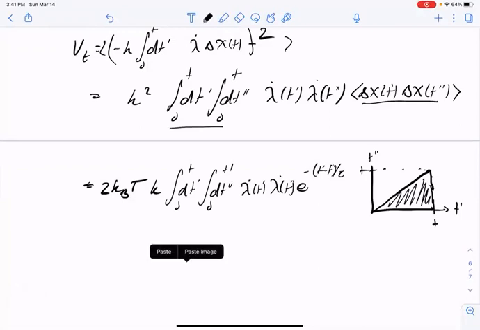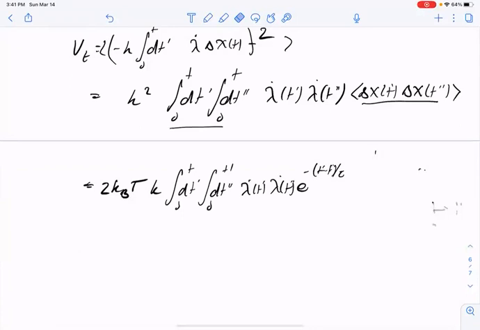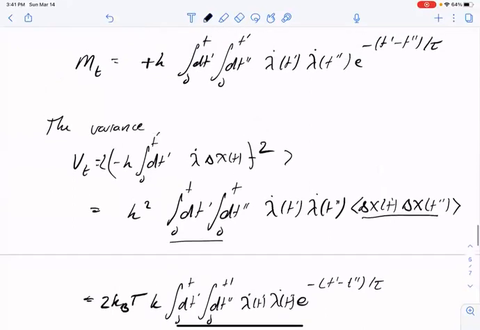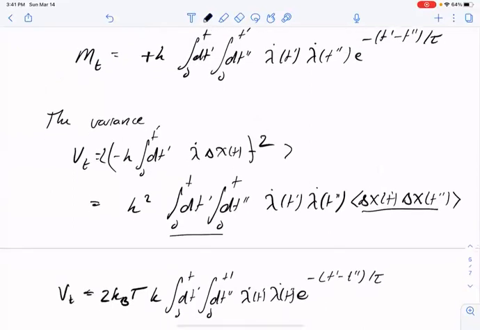And now look at what we've just arrived at. If we look at the variance, it's 2 integrals over 2 rates of change of lambda convoluted with that decaying exponential. The mean is 2 integrals over the rate of change of lambda convoluted with that decaying exponential.